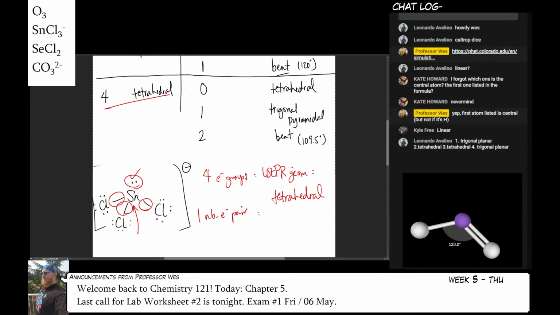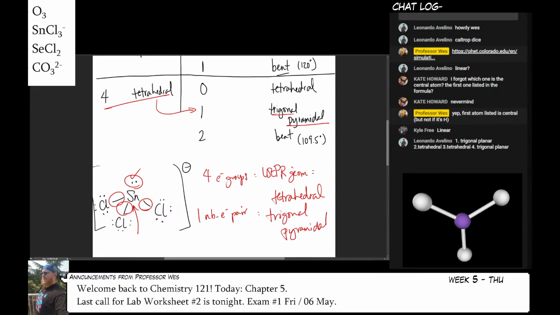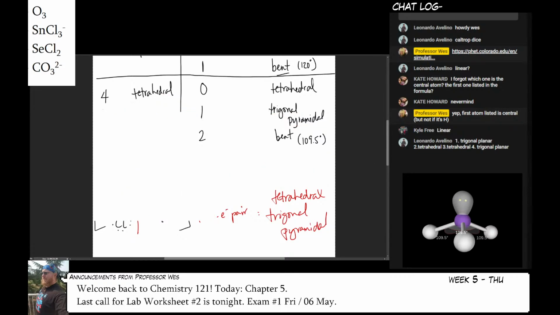So that would make it trigonal pyramidal. And if we go over to our little structure here, and I hit reset, so I have bond, bond, bond, electron pair. It'll look like that. And if I get rid of the lone pairs, it'll look like that still. All right. And then we'll clear.